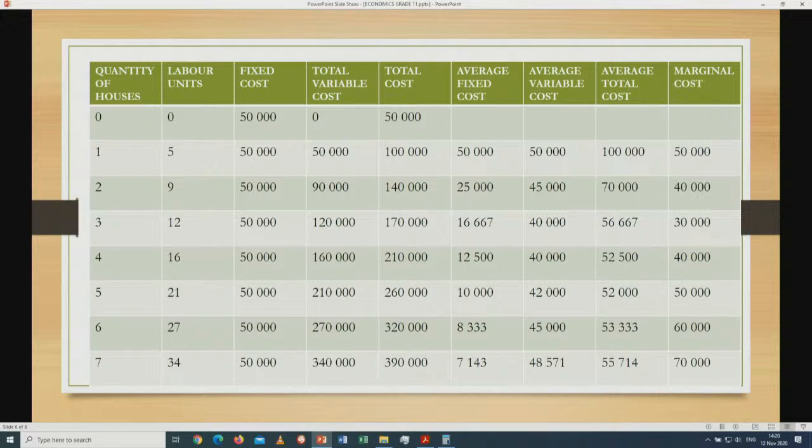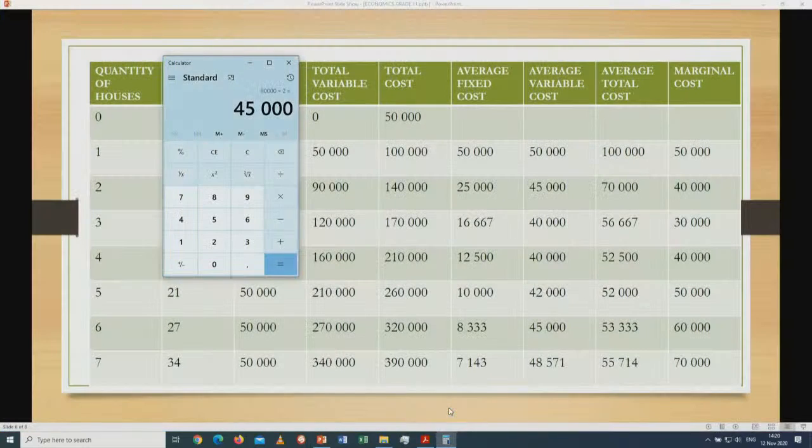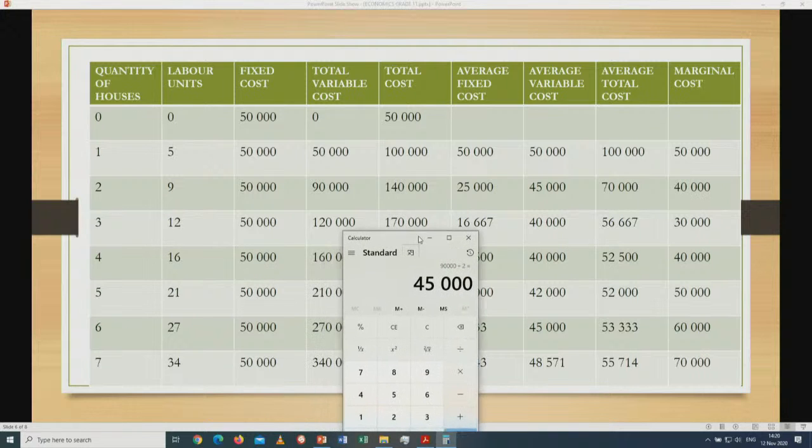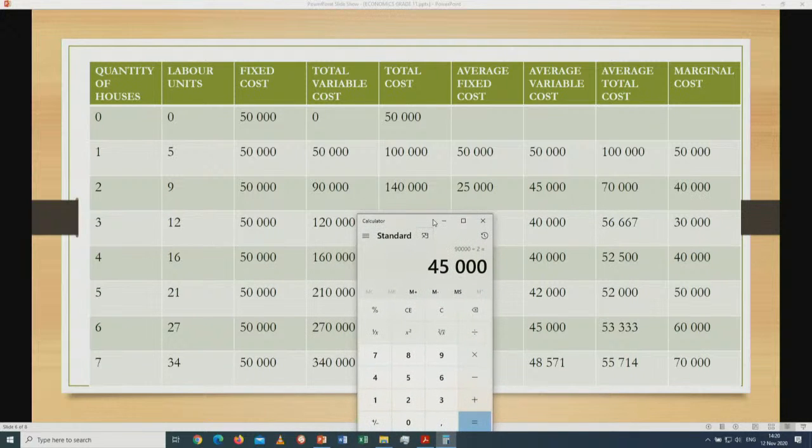Let us just look at it. Where is our total cost? There is our total cost. Let's see if we can get our calculator back and put it where it won't disturb us. Right. What are we looking at for now? We are looking at the average total cost, right?